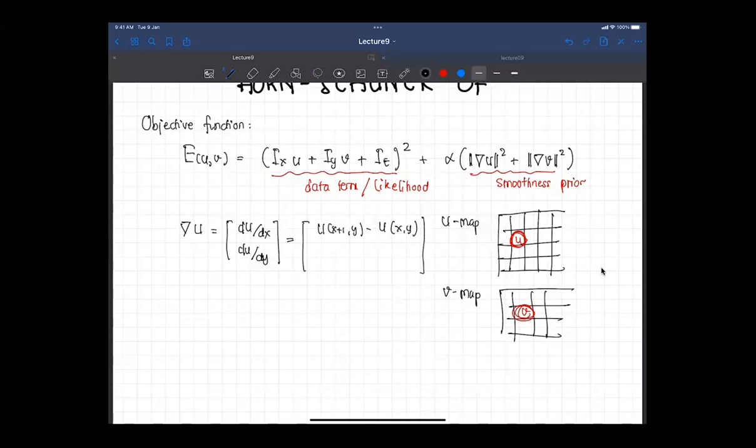That's the meaning of that. And this nabla u, we can shorten the writing to (ux, uy). Any questions here, anyone?